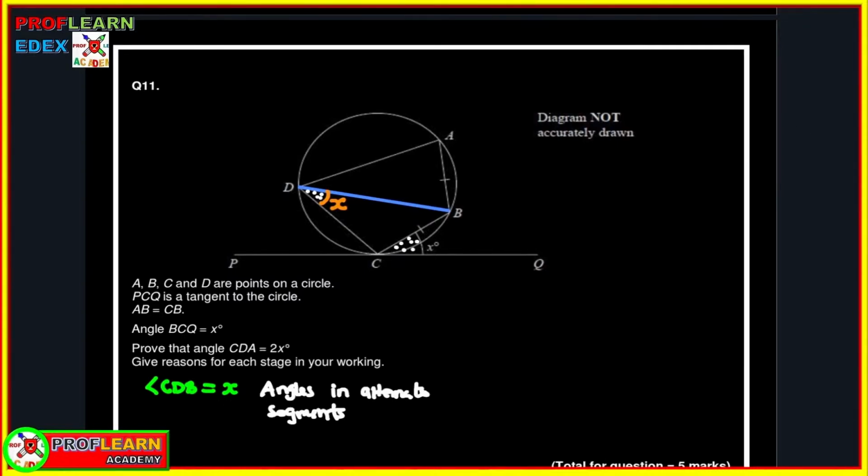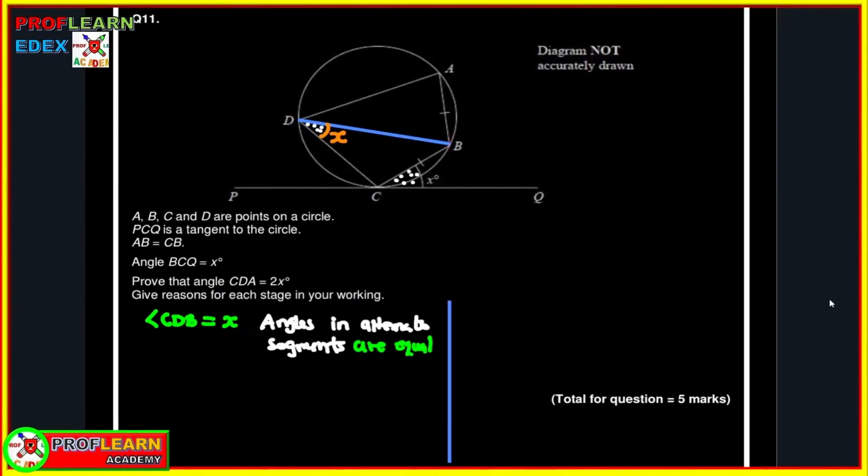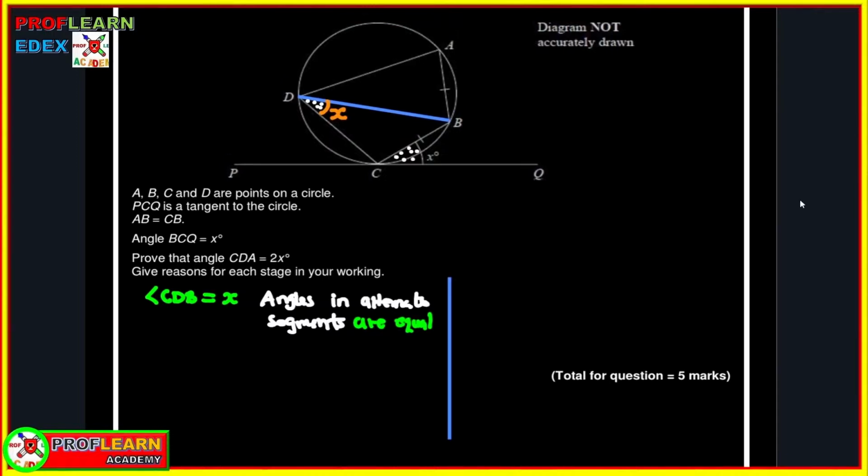Okay, so the next thing that we need to look at, we are going to try to find out what is angle CAB. In order to find angle CAB, I'm going to draw a chord that joins A to C like that. So meaning since this chord subtends angle x, it also subtends angle A at top here.